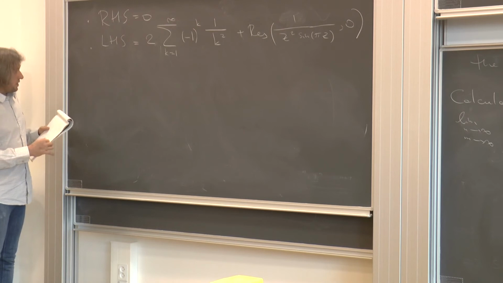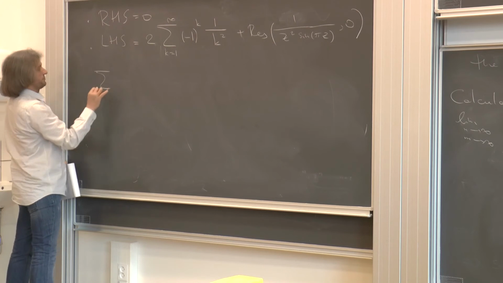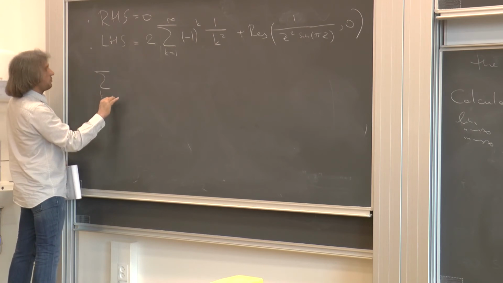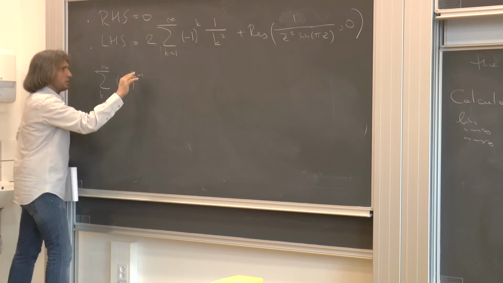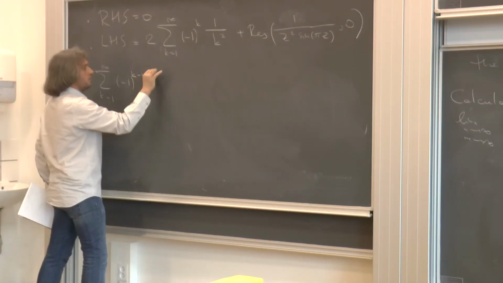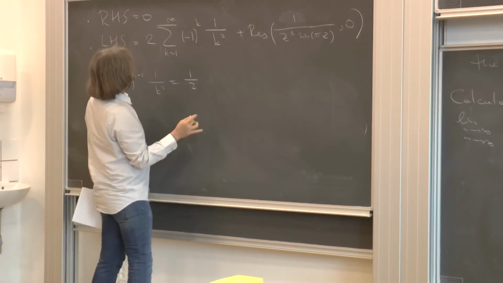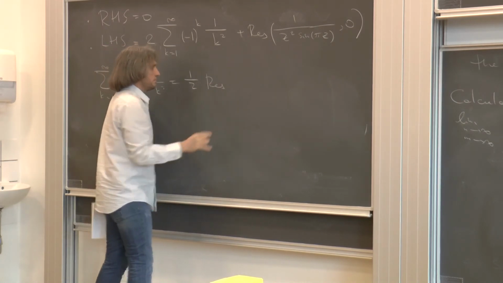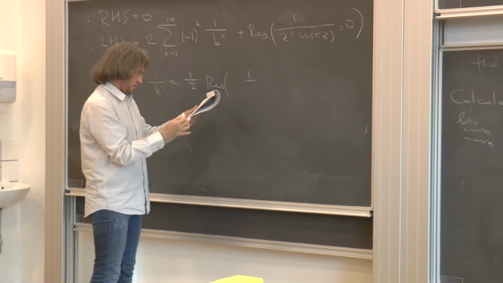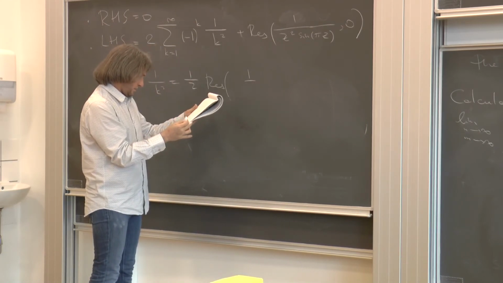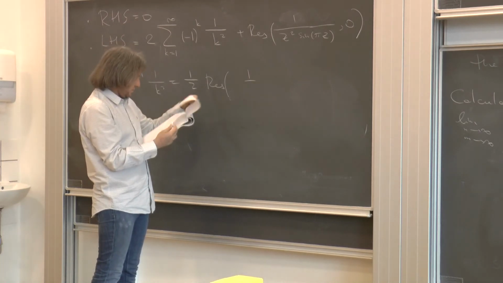So it turns out that what we really need to find, the sum from k equals 1 to infinity of minus 1 to k minus 1, notice the difference in signs, 1 over k squared, is 1/2 of the residue.